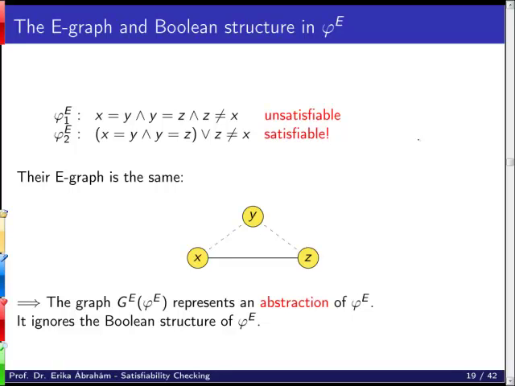If I have such a cycle in the equality graph, it does not yet mean that my formula is unsatisfiable. Because you see the first one is unsatisfiable because the only solution corresponds to this contradictory cycle. But the second one has a solution. So how can we use these E-graphs in checking satisfiability of these formulas? Anyone has an idea?